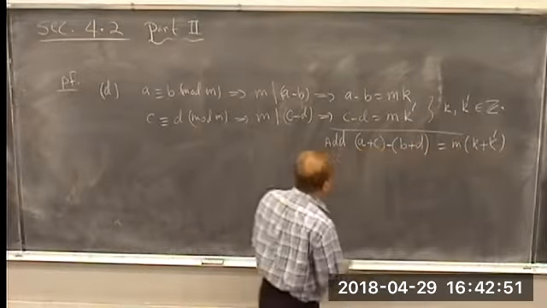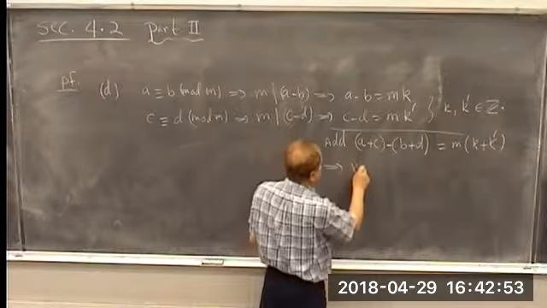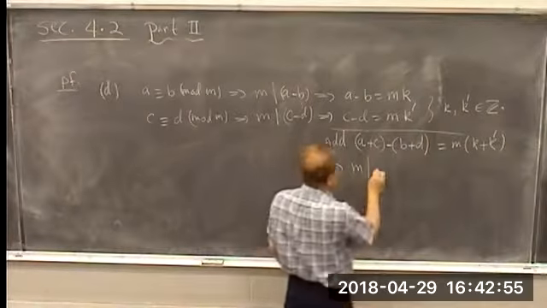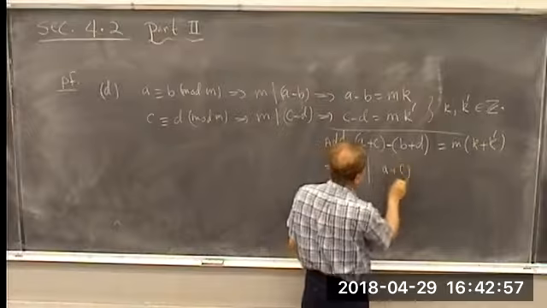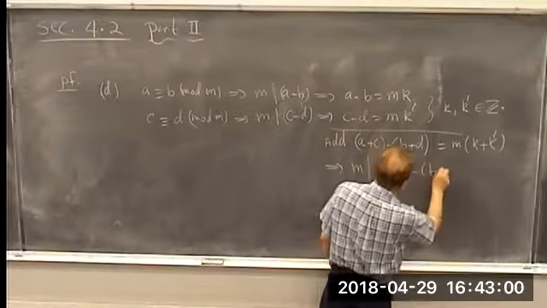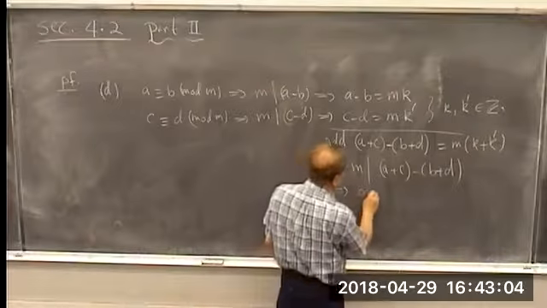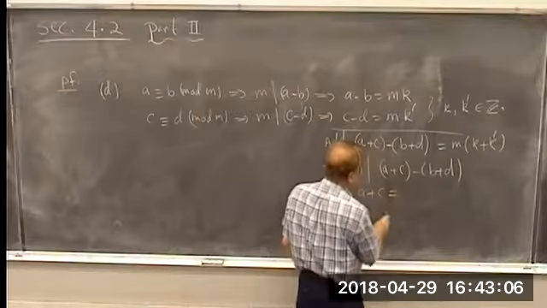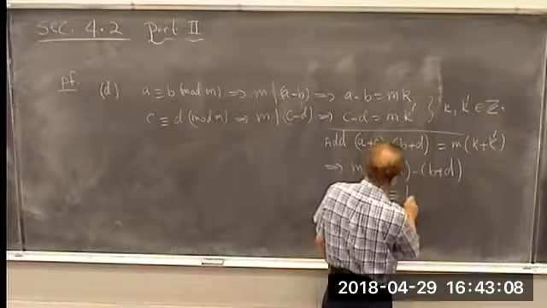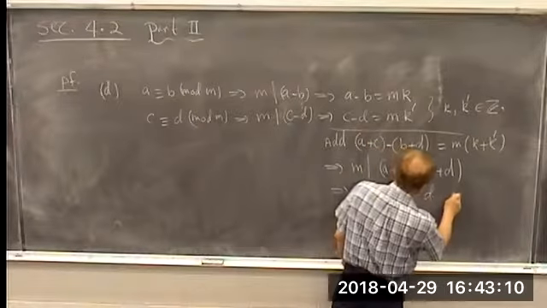And this simply means that M divides this difference, A plus C minus B plus D, and this exactly means A plus C is congruent to B plus D mod M.